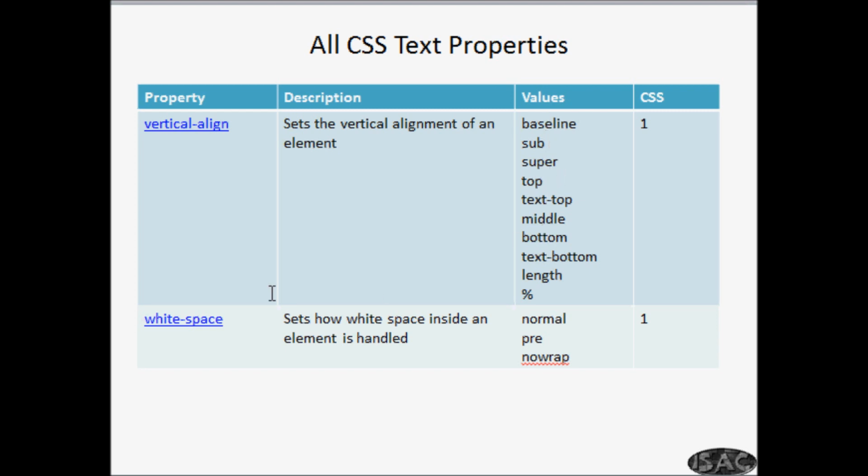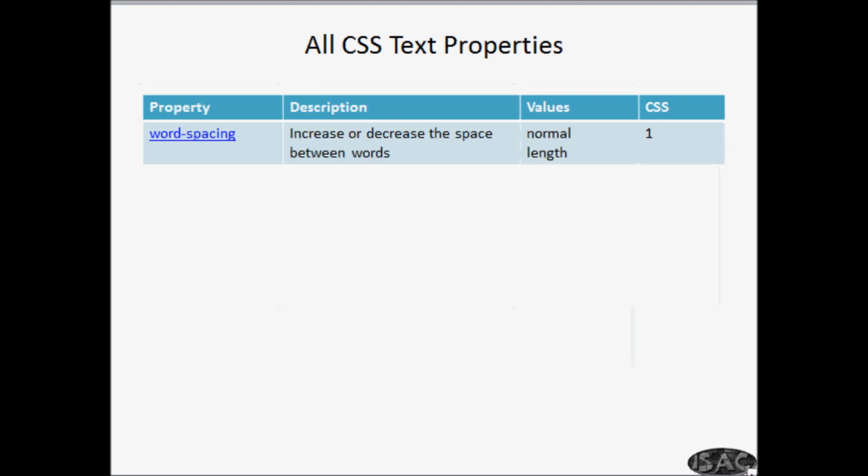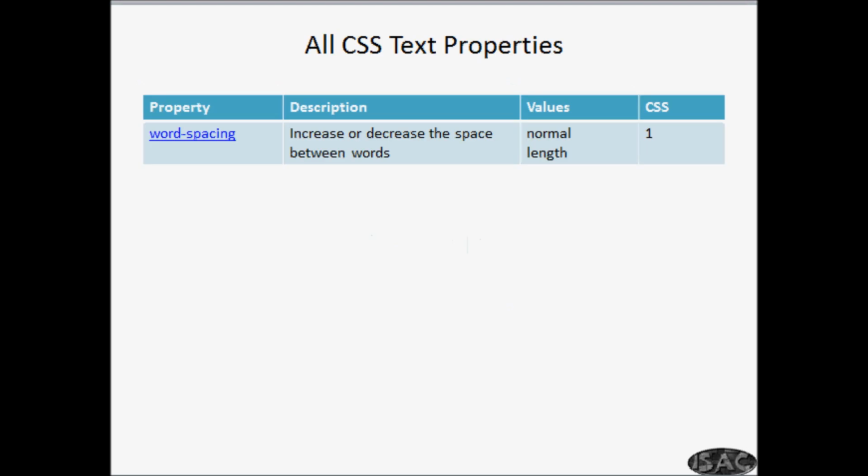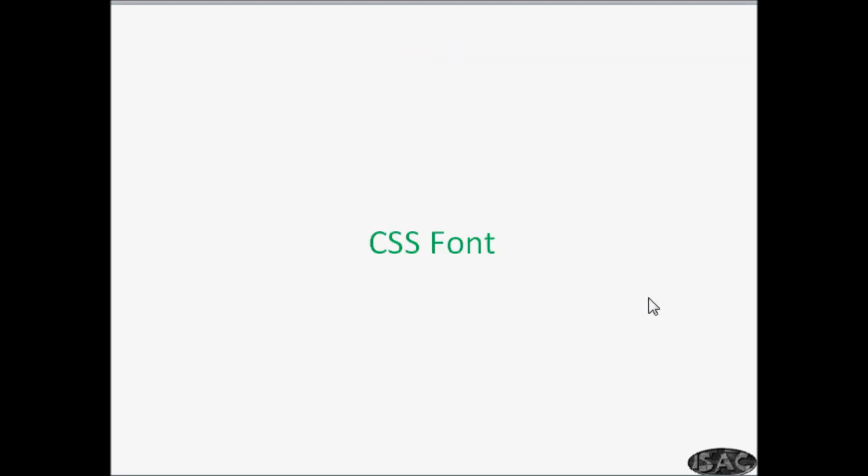Super, sub, baseline, and white space, you can use no-wrap or pre. So these are the text properties which we have seen. That's all about understanding CSS with text.